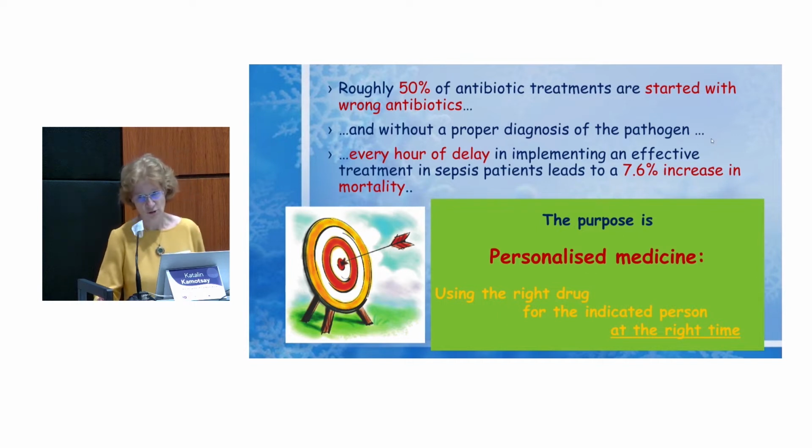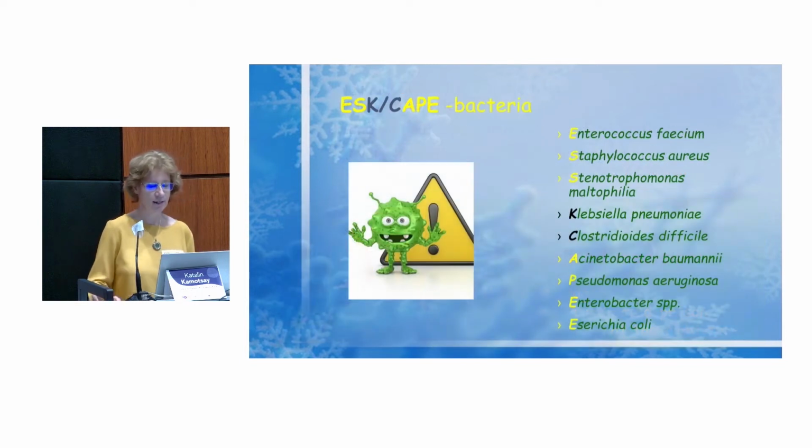And the problem with the resistant ones is that the first drug of choice doesn't work. So we have to know the name of the pathogen. And of course we know that every hour of delay increases mortality. So the purpose is personalized medicine, using the right drug for the indicated person at the right time, and that is why we are here for these 2 days.